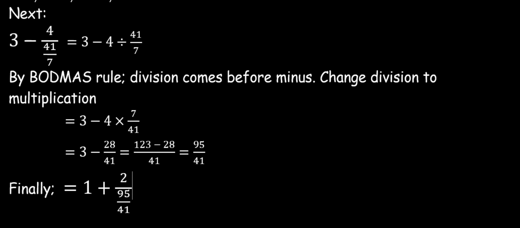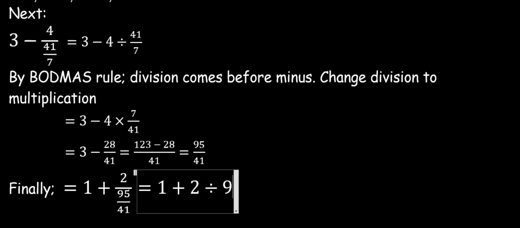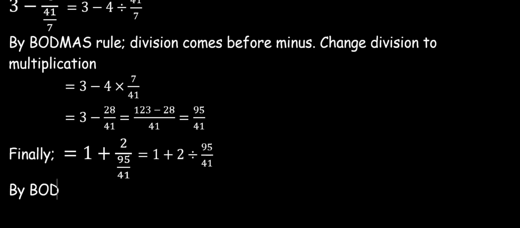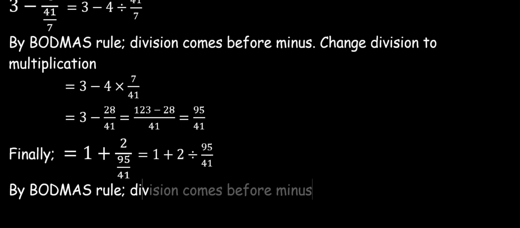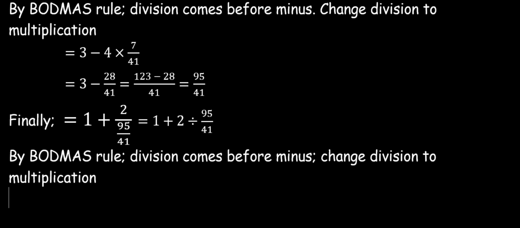And the result will be 1 plus 2, then show your division sign properly, 95 over 41. By BODMAS rule, division comes before minus. That is to say, we change division to multiplication here, and the result will be 1 plus 2 times 41 over 95. When we are changing from division to multiplication, we invert. That's why 95 over 41 became 41 over 95.